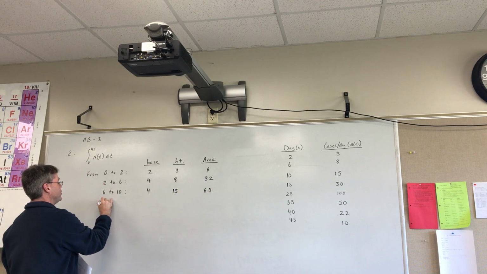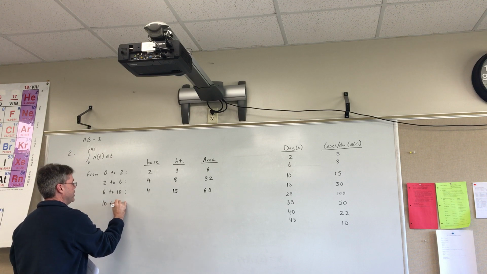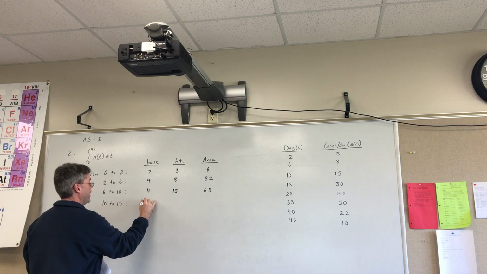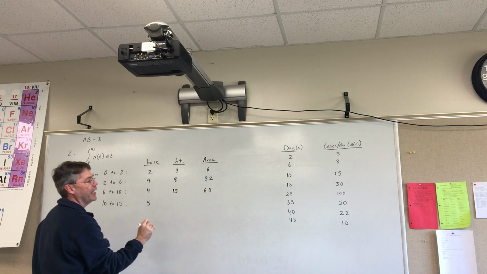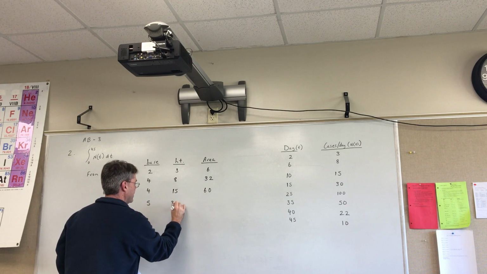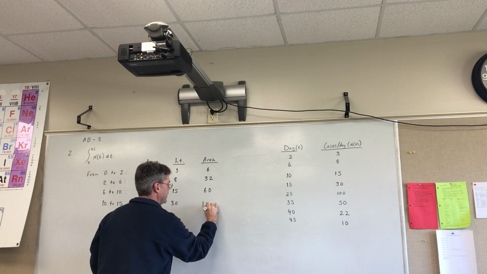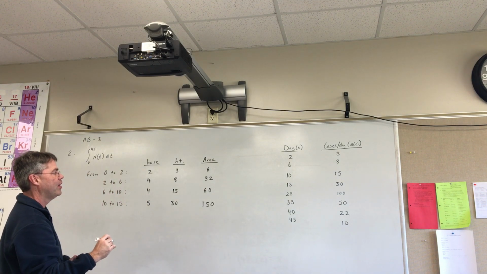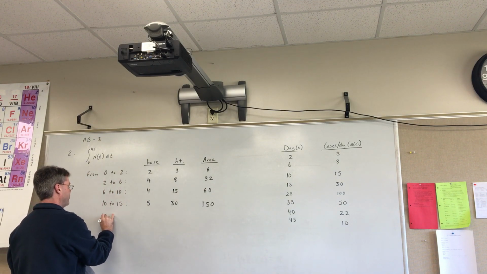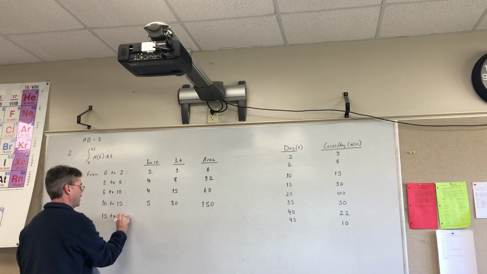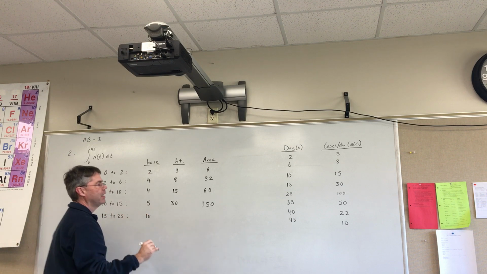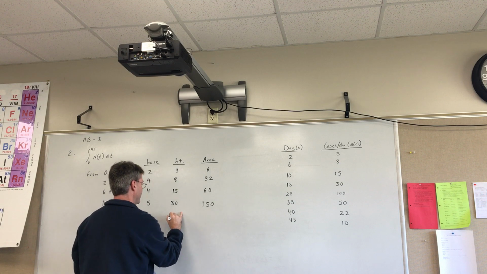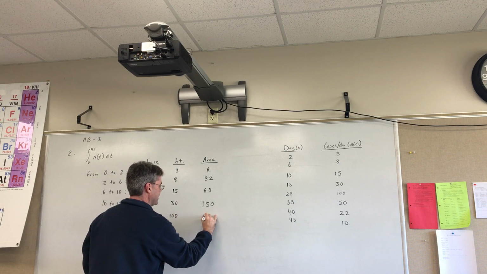And then from 10 to 15, so you can see this is going to take a while, the base is 5, the height at 15 is 30, so that's 150, and we have to add all this up by hand too, this is non-calculator. 15 to 25, the base is 10, the height at 25 is 100, right? So that's 1,000.